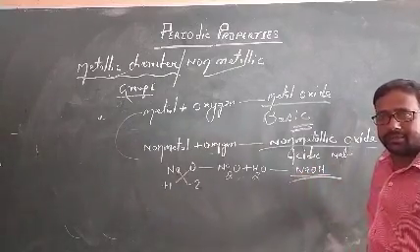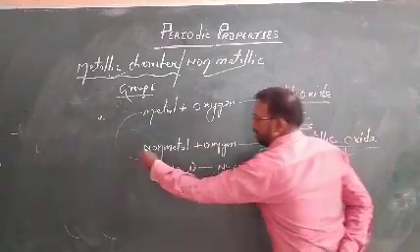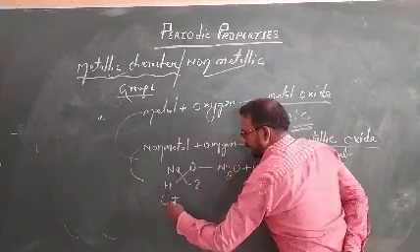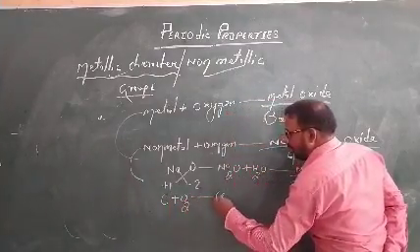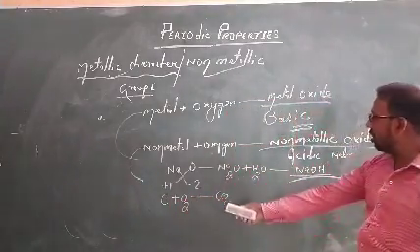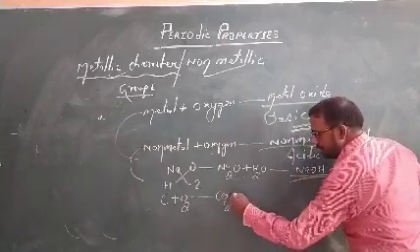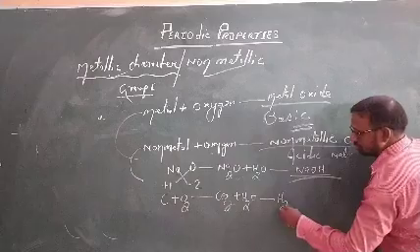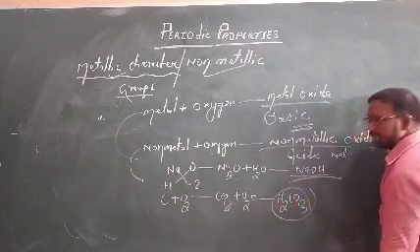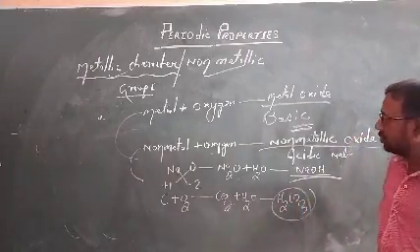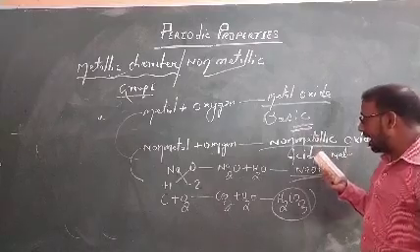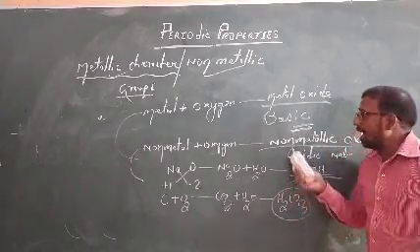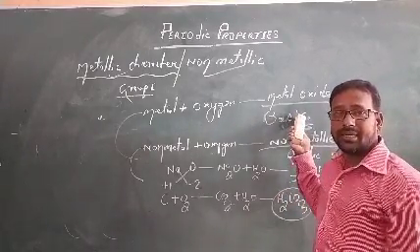But in the case of a non-metal, when carbon reacts with O2, carbon dioxide forms, which is a non-metallic oxide. And when a non-metal oxide reacts with water, H2CO3 forms, which is called carbonic acid. So it is very clear: non-metal oxides are acidic in nature and metallic oxides are basic in nature.